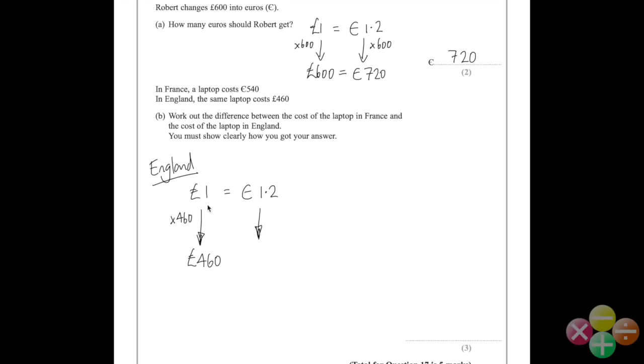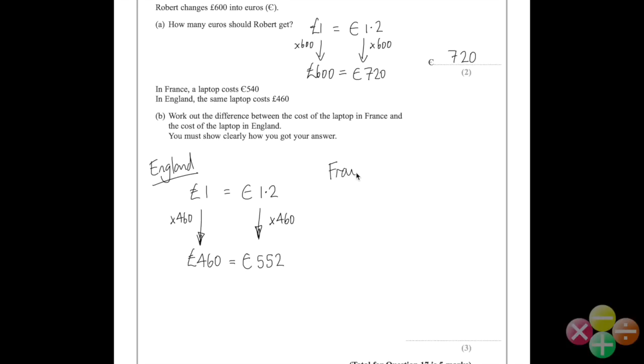Now we do it on the pound side, so we must do it on the euro side as well. 460 is our multiplier, so 1.2 euros multiplied by 460 gives me 552 euros. So that's England dealt with.